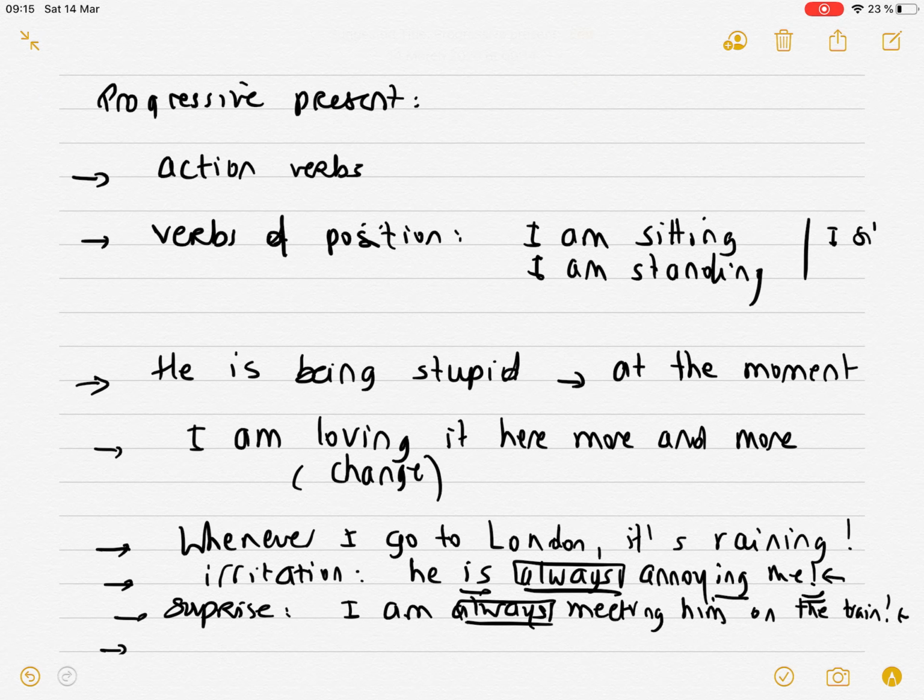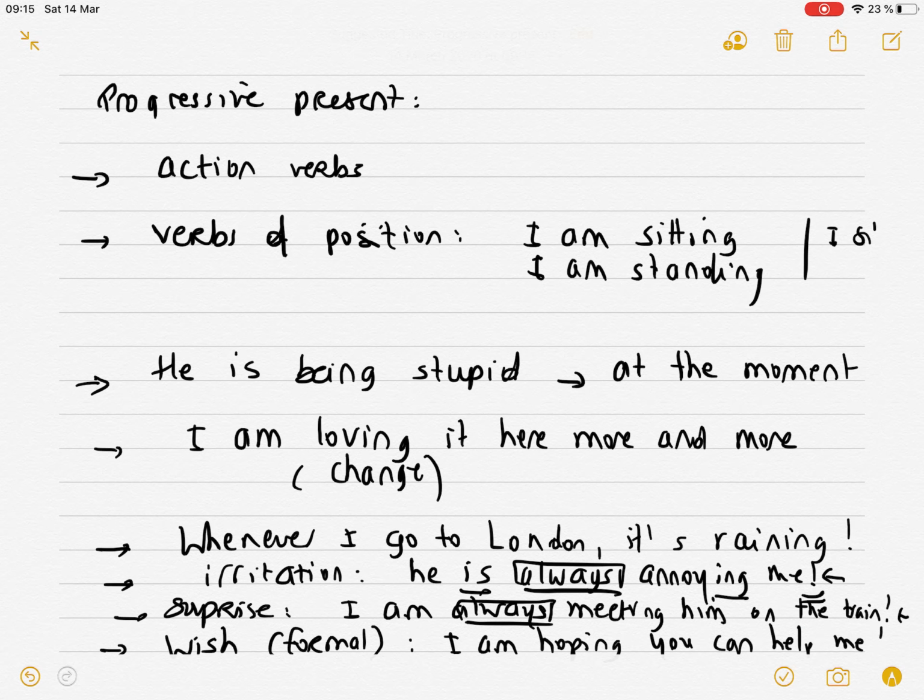We talked about irritation, this time it's surprise. And the last example I'd like to mention is when you want to express a wish, but in a very formal manner. When you want to be distant from people, you don't want to sound like you're talking to somebody in the pub. So if you want to express a wish, you would say, I'm hoping you can help me out.